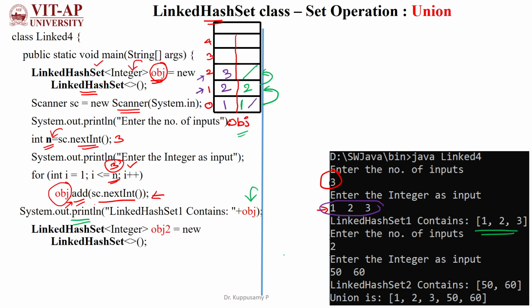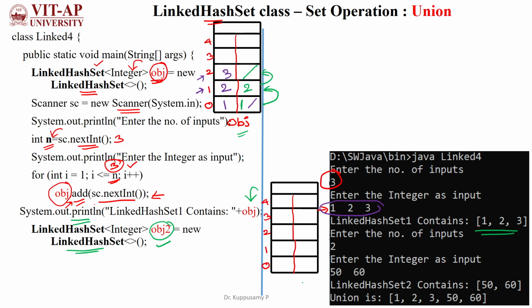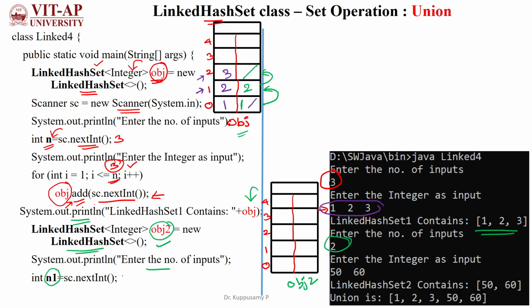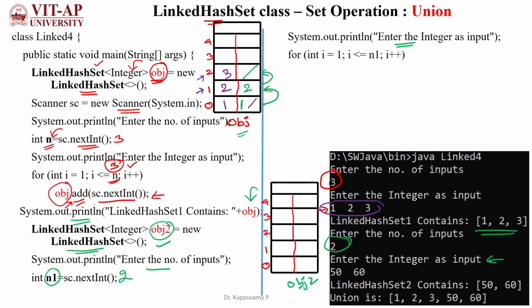Now I am going to create one more object, obj2, using the LinkedHashSet structure. Once it is executed, the obj2 structure will be created. For this I am receiving some number of inputs. Here the number of inputs is given as 2, so 2 is the value for n1. As per that, I am going to enter the integers as input.